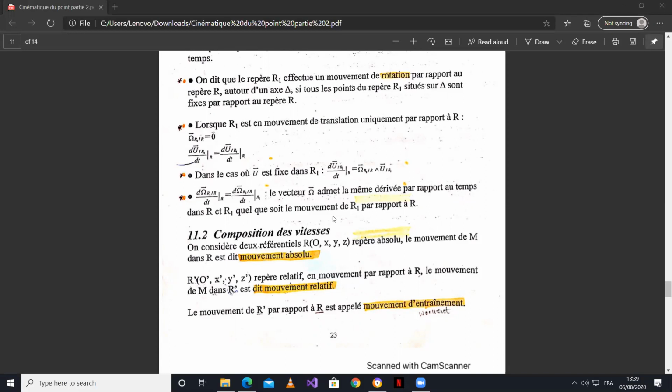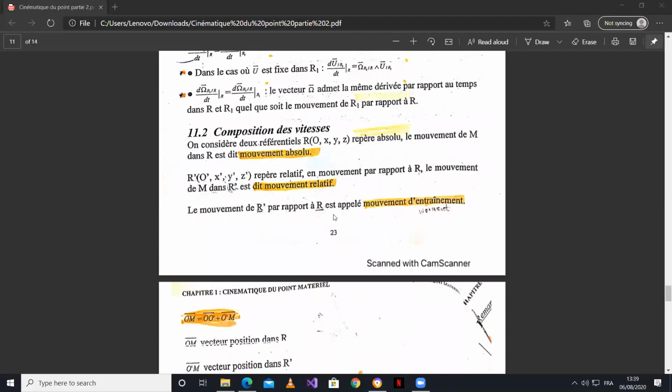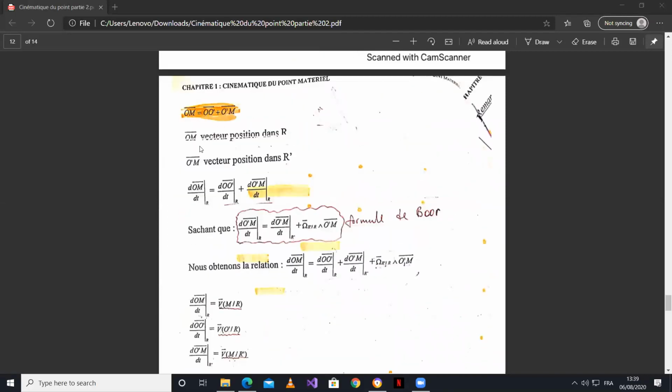Okay, good. So, as we can see here, OM is equal to OO prime, plus O prime M. That's OM. We have decomposed it to help us study the movement properly, okay?